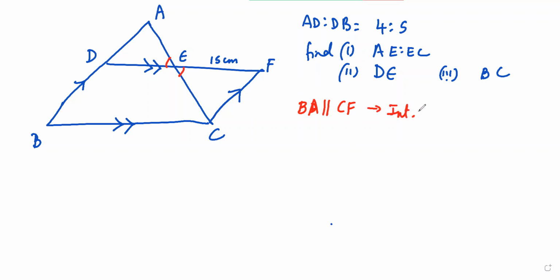Interior alternate angles. So if you can see, your A is here and the F is here, no? So this angle will be equal to this angle. I'm marking it in the diagram, main diagram as well. See here, this angle will be equal to this angle, the Z formation. Not this, this angle.